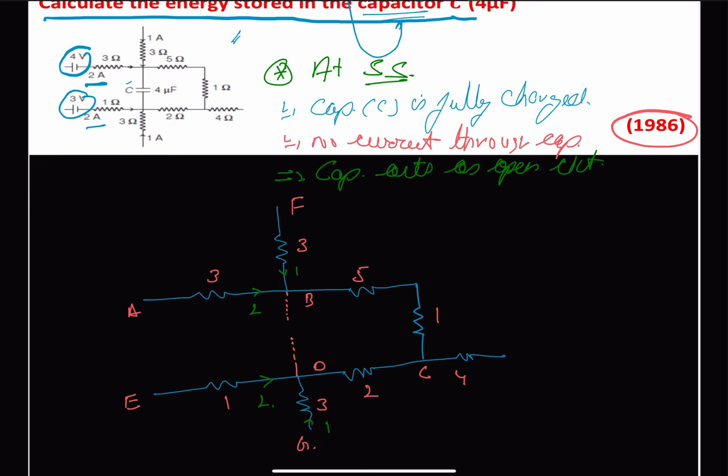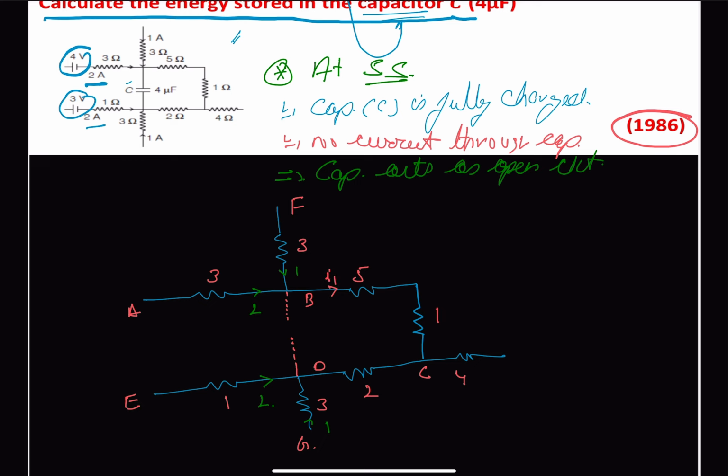I think one value of the current is missing in the main circuit. I'm not sure about it. We'll check that later on if required. Otherwise, we'll sort it out. And let us suppose the current that is flowing from here, we call this as our I1.